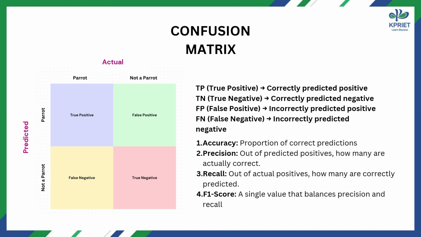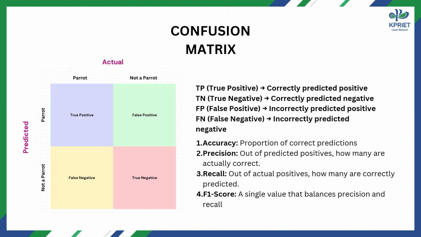Next is the confusion matrix. The confusion matrix is a matrix which is drawn from actual values and predicted values. If both the conditions are true, then it is a true positive. If both the conditions are false, then it is a true negative. Here we can consider a parrot and not a parrot. When both actual and predicted are parrot, then it is a true positive.